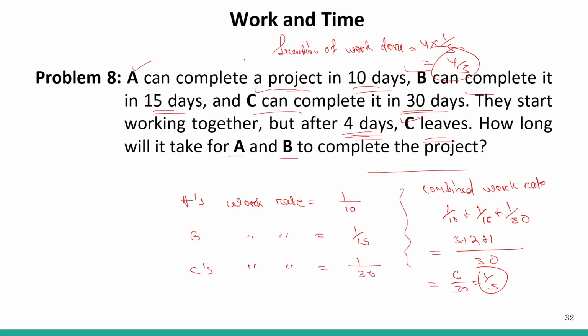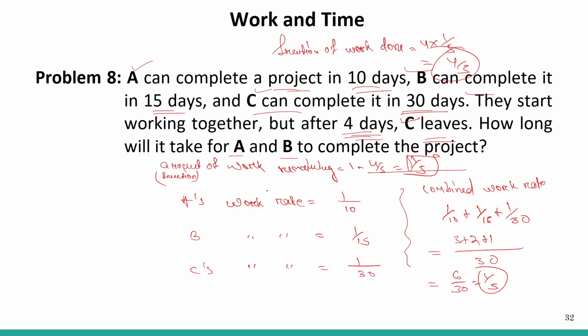So the amount, or you can also say fraction, of work remaining is equal to 1 minus 4 by 5. This is equal to 1 by 5.